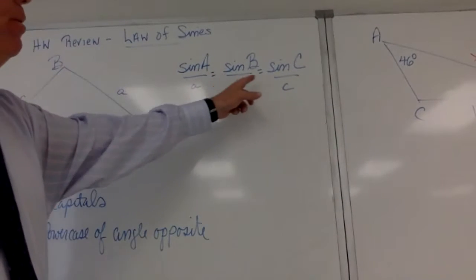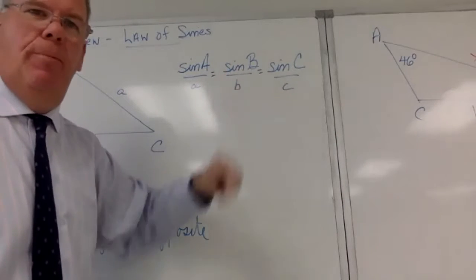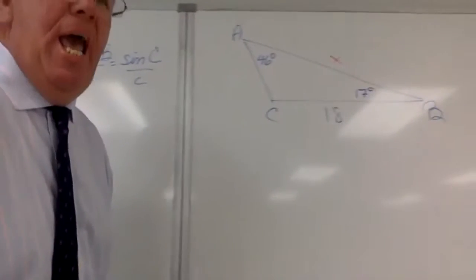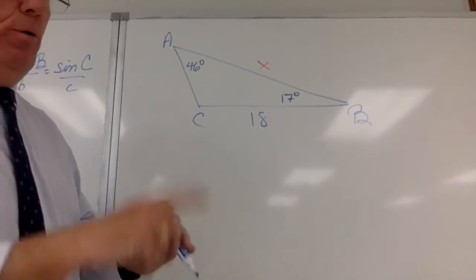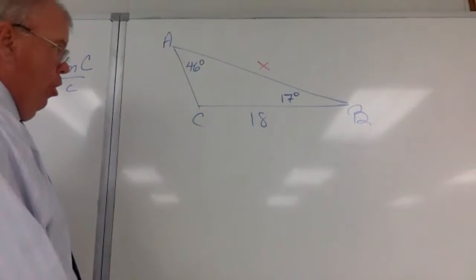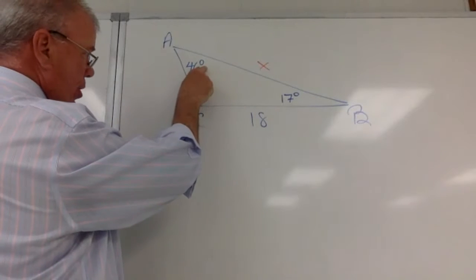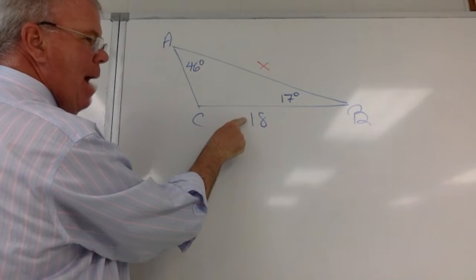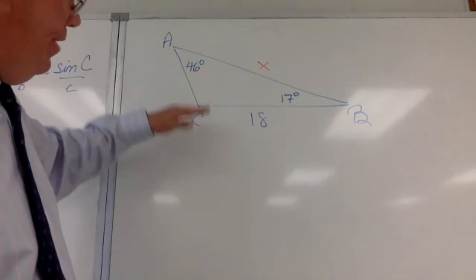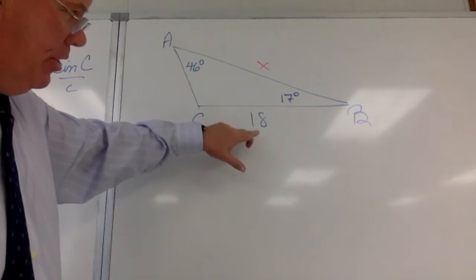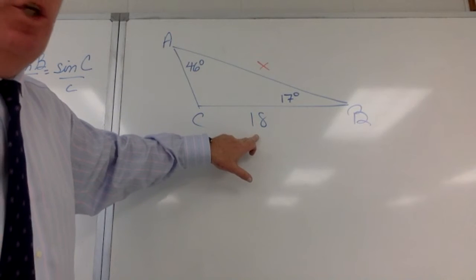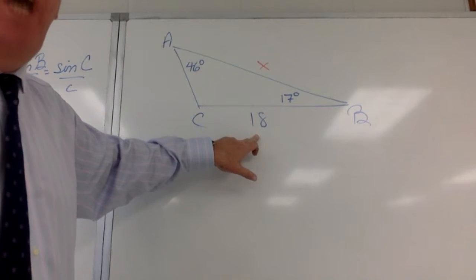These ratios have to be true. Whenever you have an angle measure and the side opposite, you can use the law of sines.